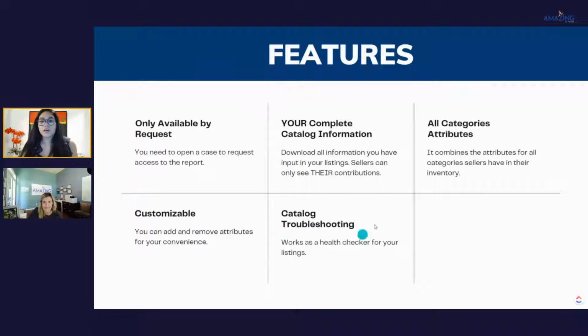So the other feature is that it has all categories' attributes. And this is super interesting on the side of brand protection and getting better, stronger, and more robust listings. So this is what happens, Amy. For example, you're selling in the pet category, okay?